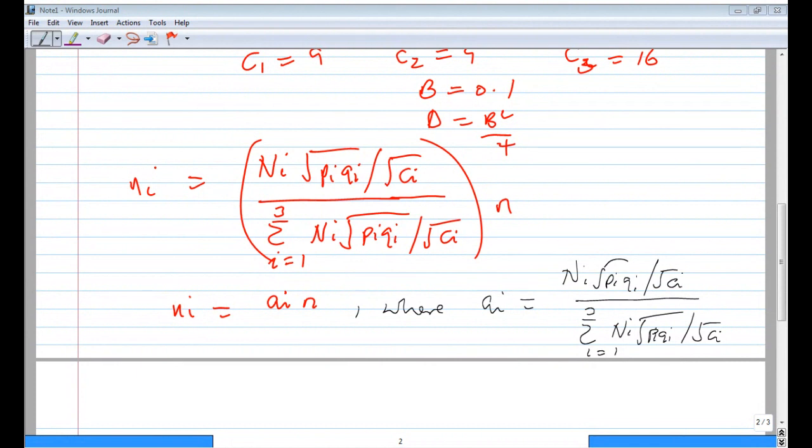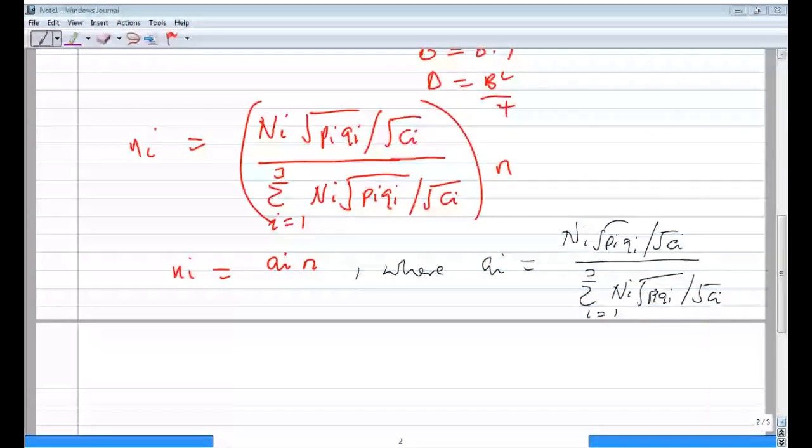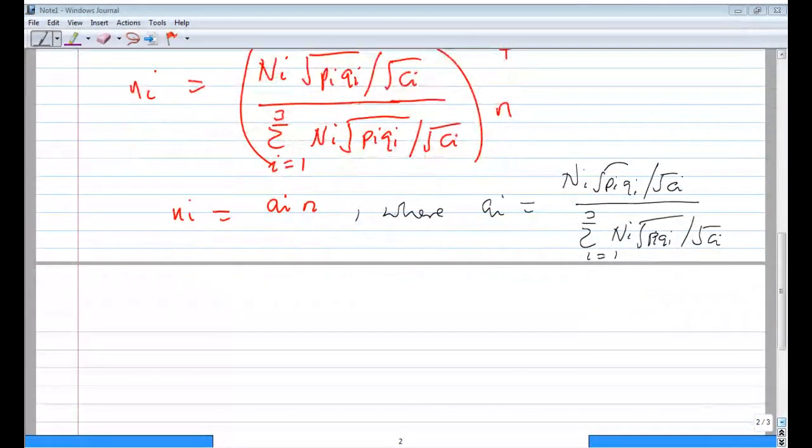Okay. So now, what we have to do is to calculate Ai before you calculate any sample size for each stratum. So you have to calculate Ai, which is the fraction of observations. So where do you start? In other words, you have to find A1, A2, and A3 because there are 3 strata.